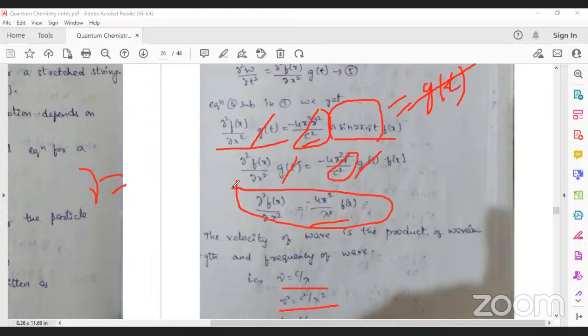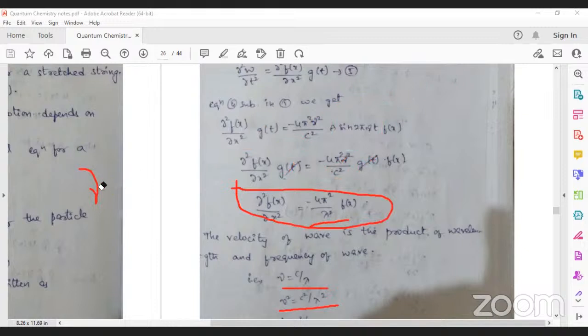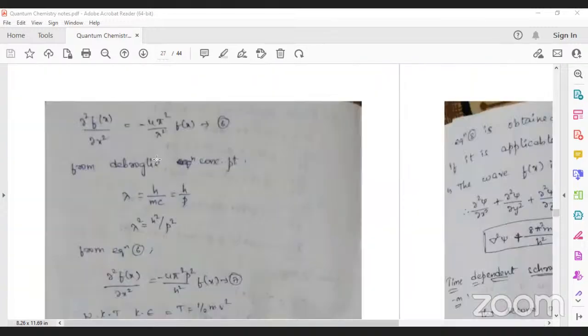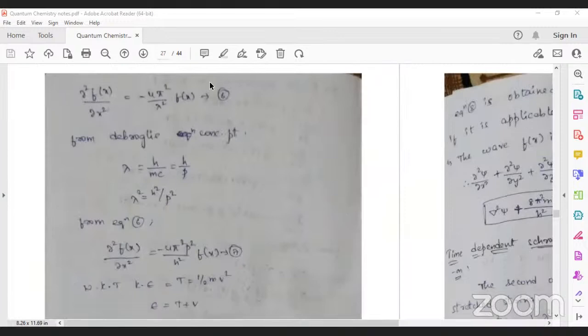Therefore, in that lambda, from the de Broglie equation, we can substitute the lambda. We'll get what we are trying to get, that is the Schrodinger wave equation. So this is dou square f of x by dou x square is equal to minus 4 pi square by lambda square into f of x.